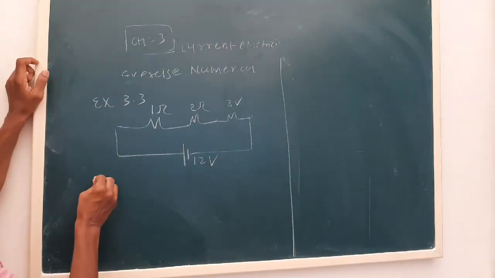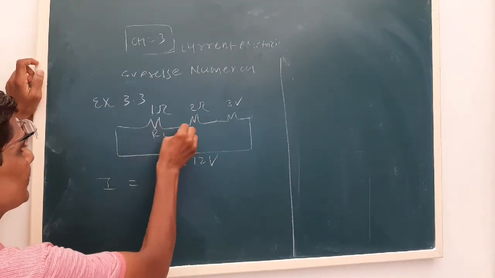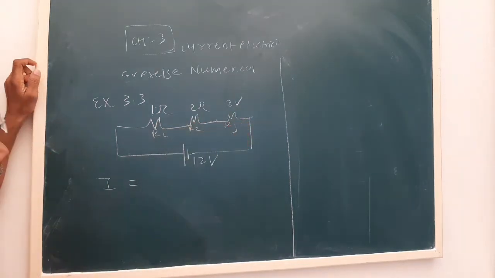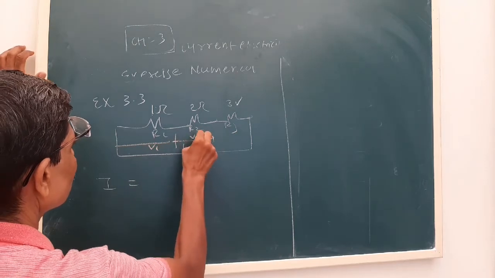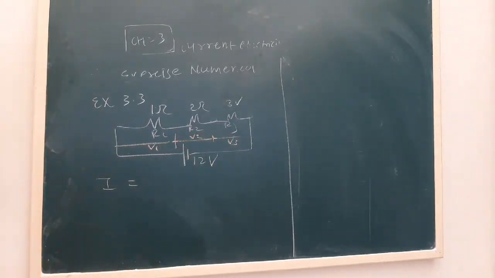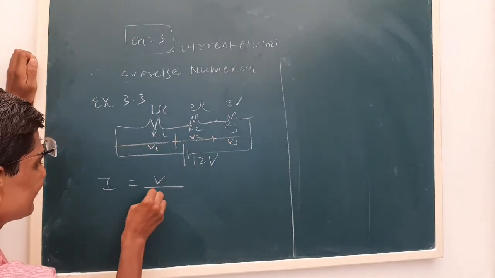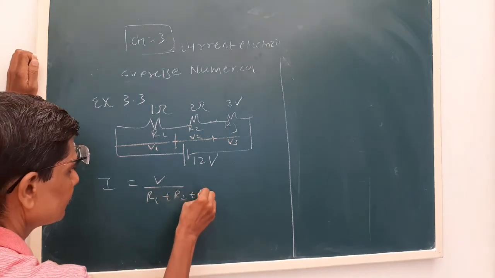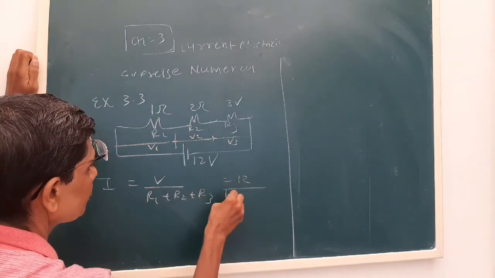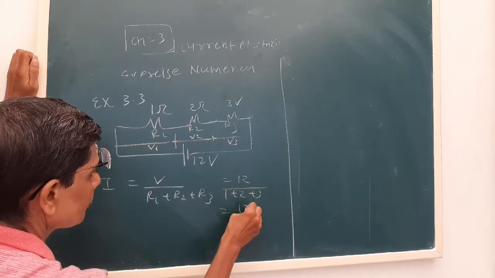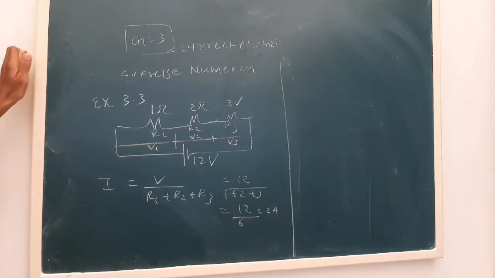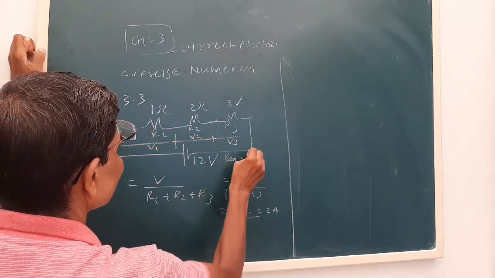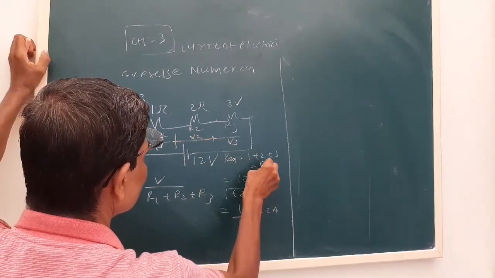I is equal to, this is R1, R2, R3, and the PD across them V1, V2 and V3. I is V upon R1 plus R2 plus R3. Now R equivalent will be R1 plus R2 plus R3, that is 6 ohm.